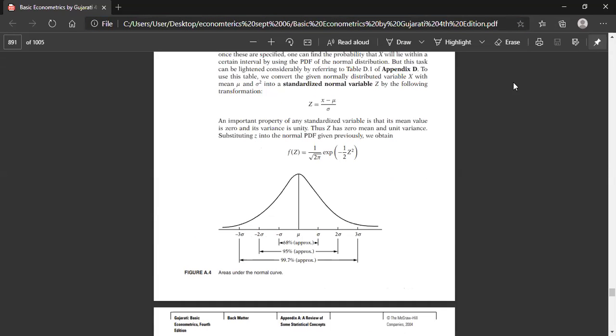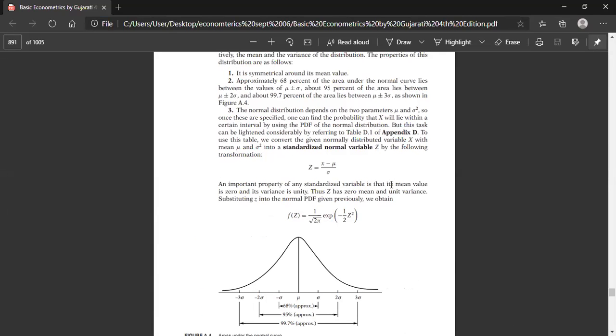We say this density function is the most beautiful thing in the world. Why? This is symmetric around its mean. If this is the mean value, that is also the median value, that is also the mode value.